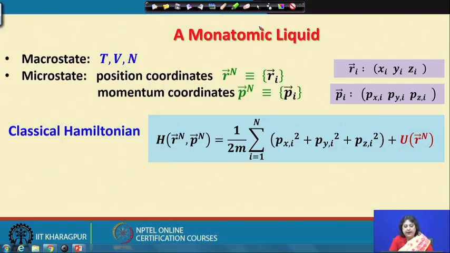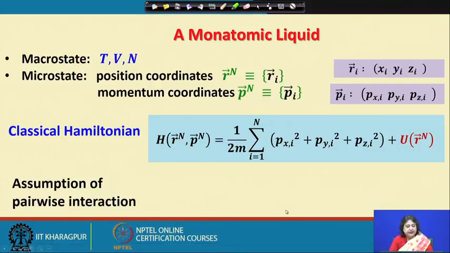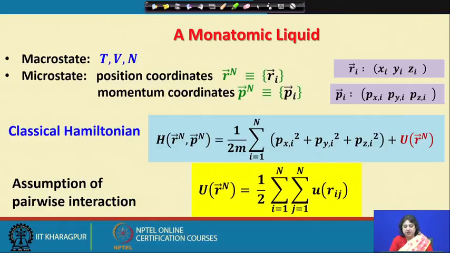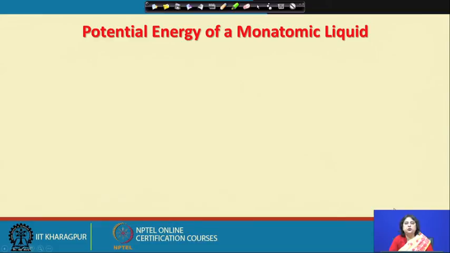Now, if I assume that the potential energy arises from pairwise interaction, then I can write that the total potential energy is a sum of all types of pair interactions present between every possible distinct pair in the sample. Let us try to have a pictorial understanding of what I mean by the potential energy being represented as pairwise interaction.